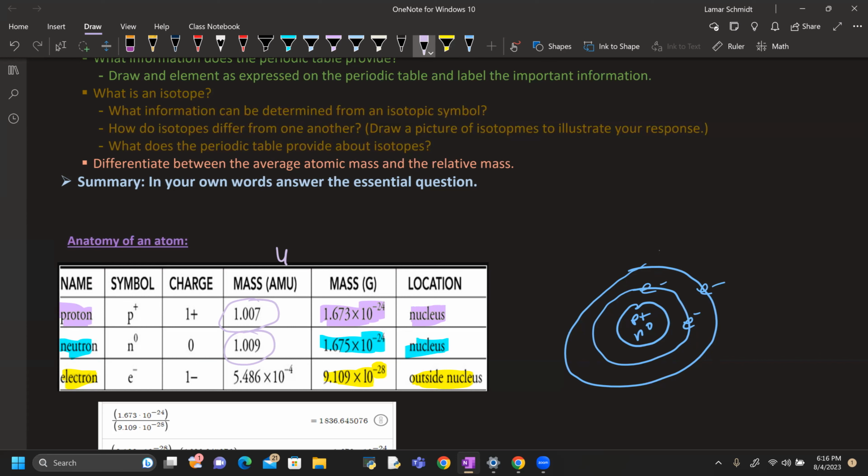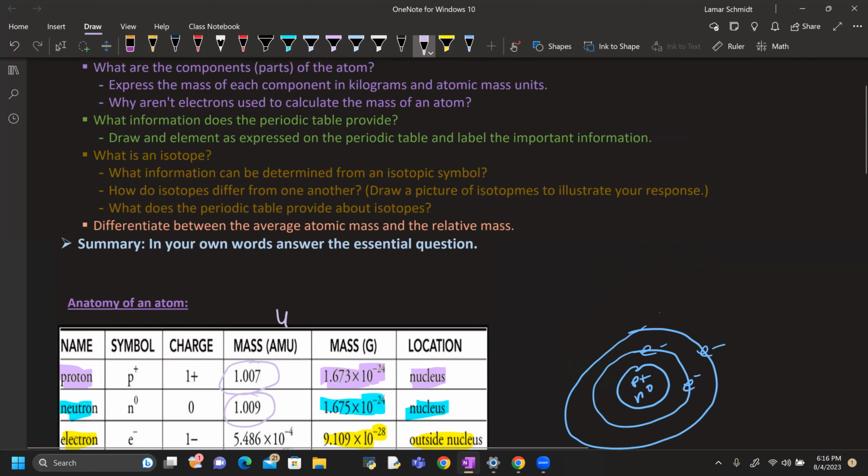So close to 1 that we're going to say that each of those is 1 atomic mass unit. And we can also see that the electron is significantly smaller. Again, this is why the electron is not used to determine the mass, because its contribution is very, very little.